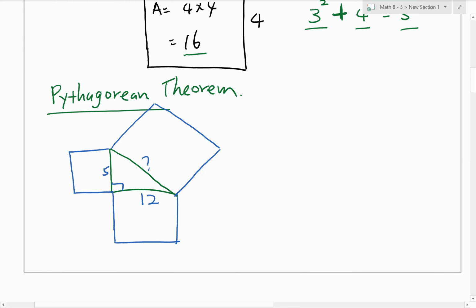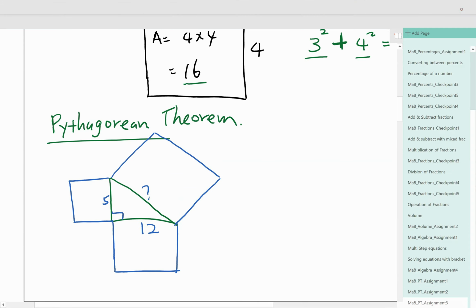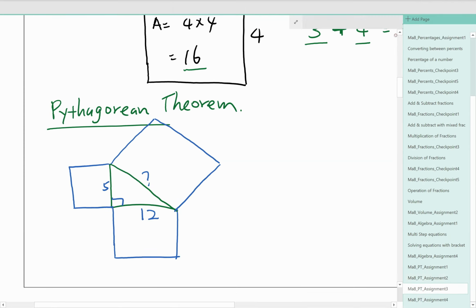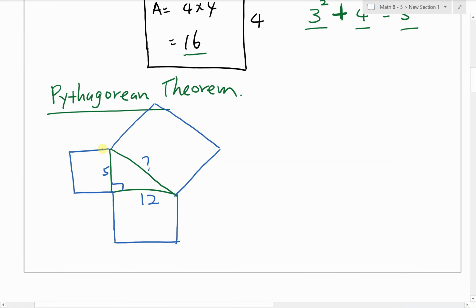Now again, we can use this drawing here. We can see the area of this square with side length of 5 is going to be 25, right? Because this came from 5 times 5. And for the other leg, the area of this square is going to be 12 times 12, which is 144.